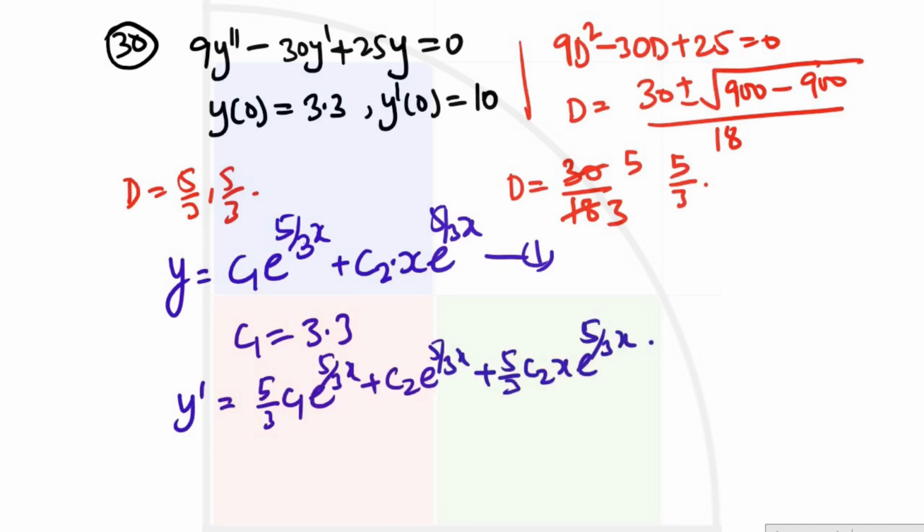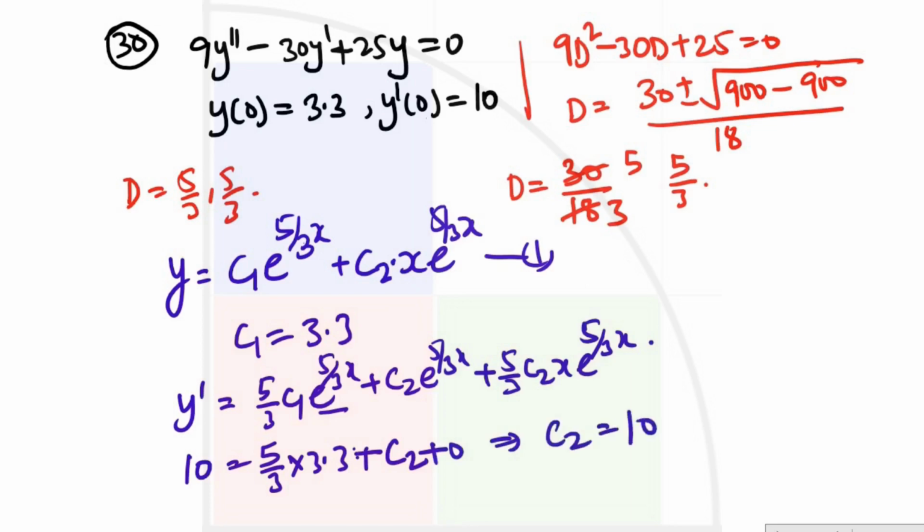Okay, use x is equal to 0, this will become 1. 5 by 3 times 3.3 e to the 0, this is 1, and this is 10 plus c2, this will become 1, and this will become 0. So we have c2 is equal to 10 minus 5.5, 4.5.